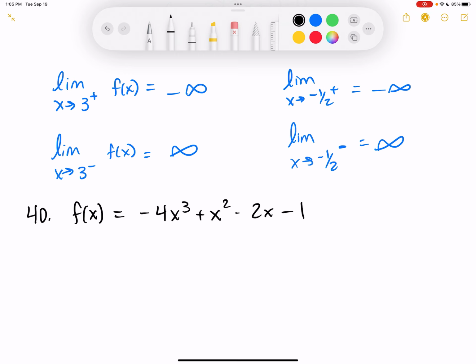So a power function end behavior model, it's a mouthful, is whatever the highest powered term is. If it's a fraction, it's the highest power on the top and the bottom, and then you reduce it down. So for this one, it would just be negative 4x cubed.